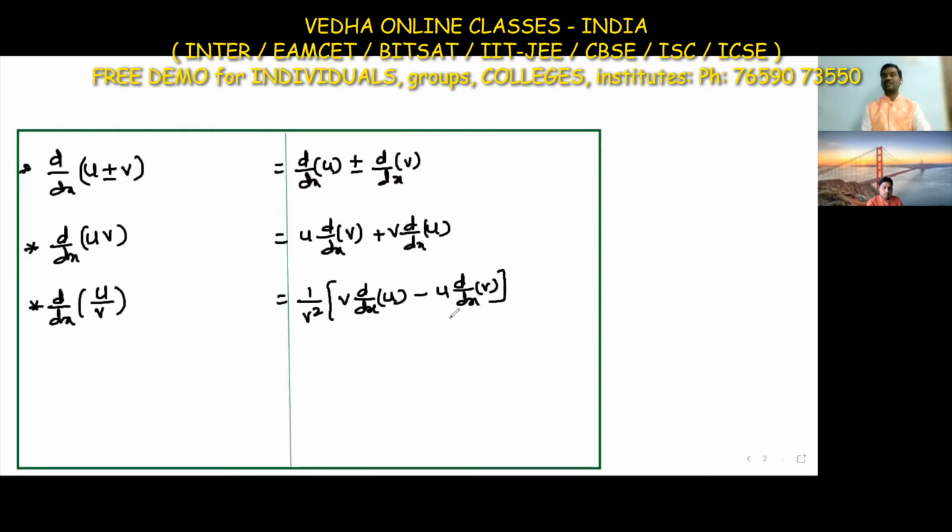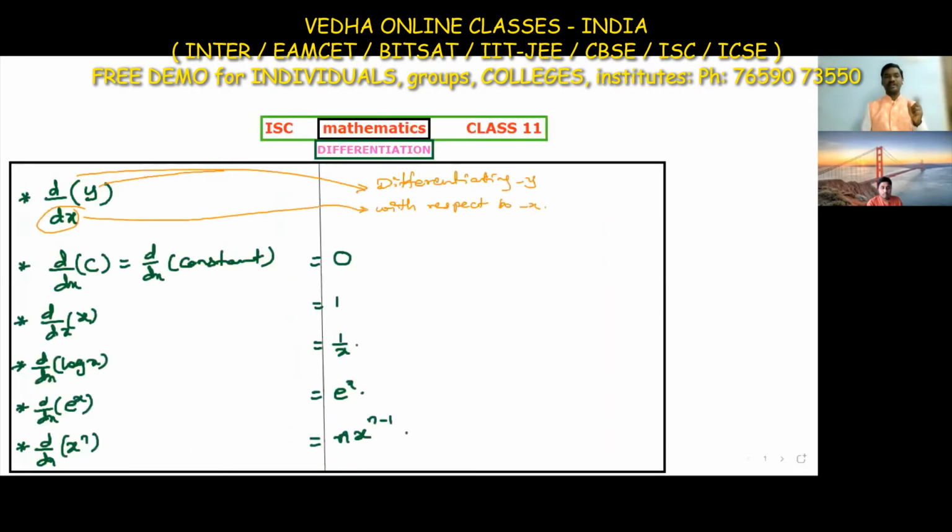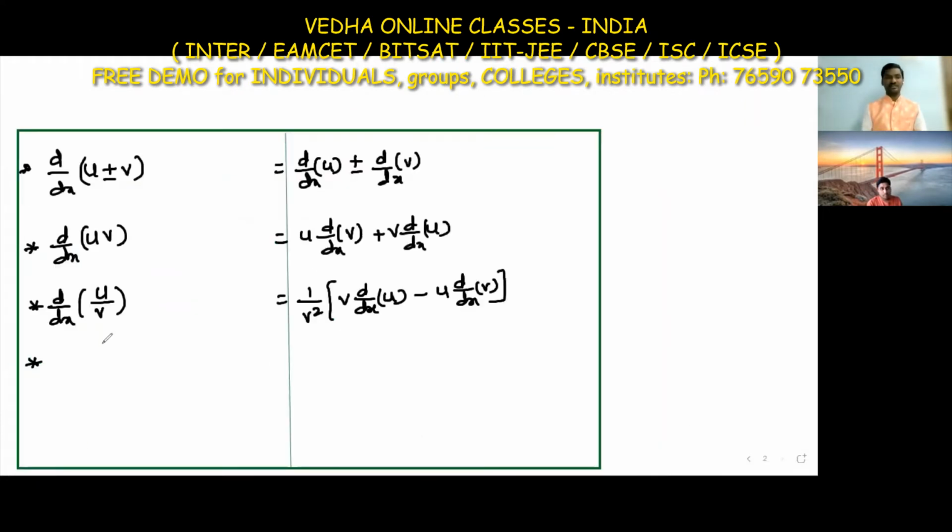This is the formula for u by v. We'll also discuss the formulas based on x to the power n. d by dx of x power n is n into x power n minus 1. Based on this, we can derive other formulas.